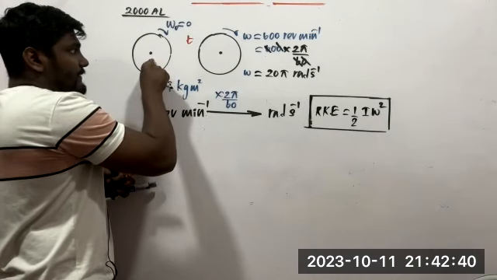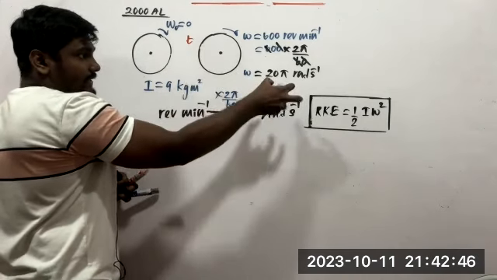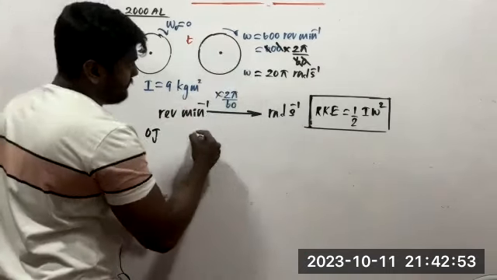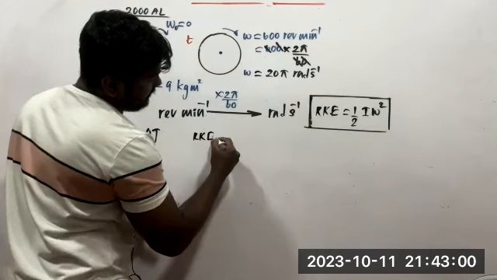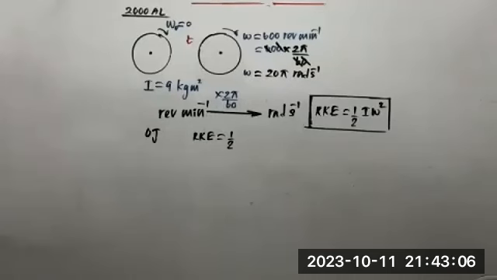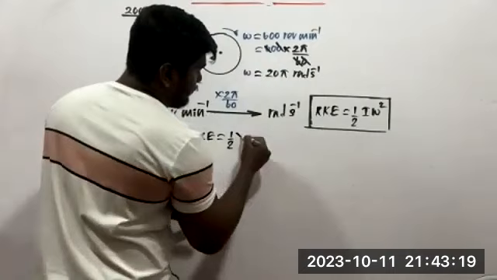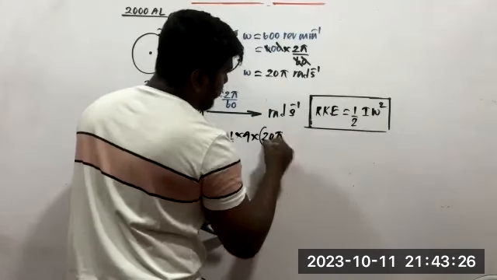So the initial kinetic energy of the flywheel is 0. To find the kinetic energy after some time t, the equation is half I omega squared. Half, I is 9, omega is 25 pi, whole squared.